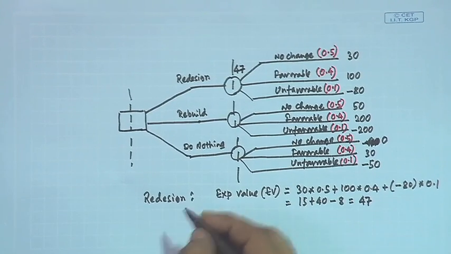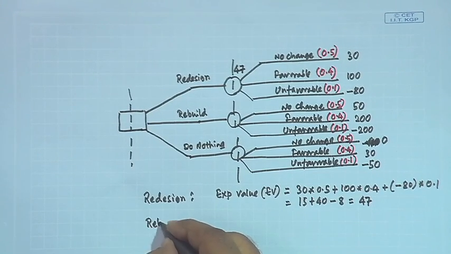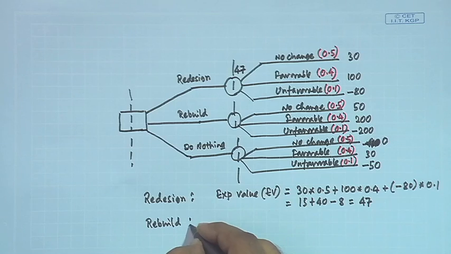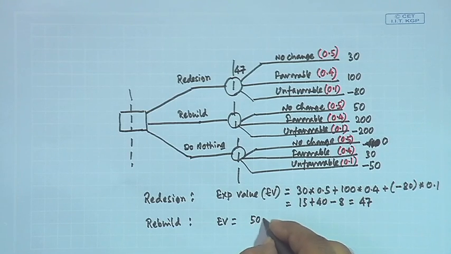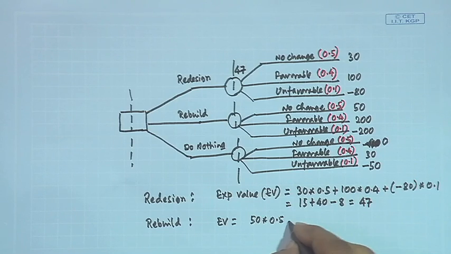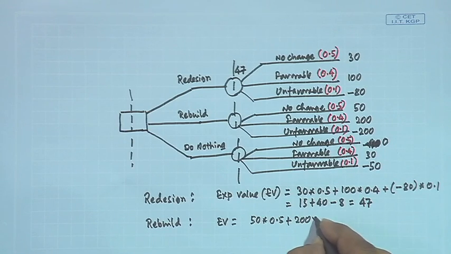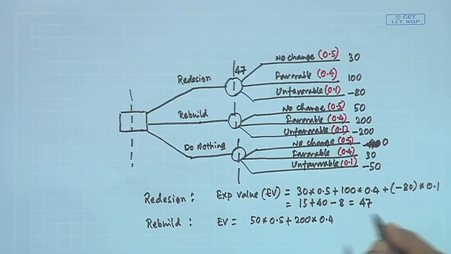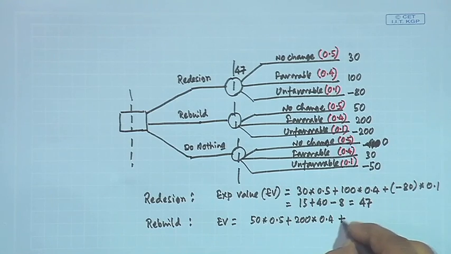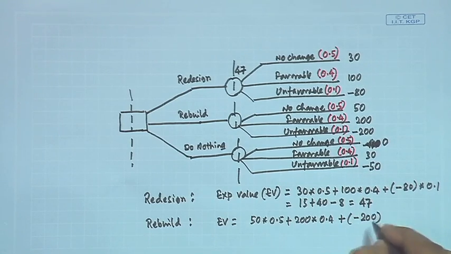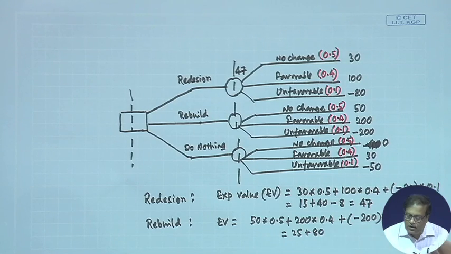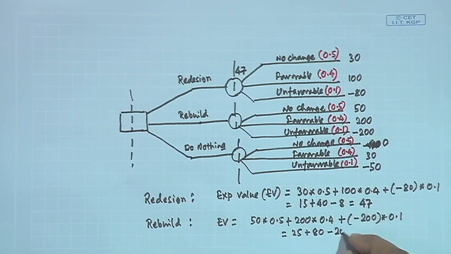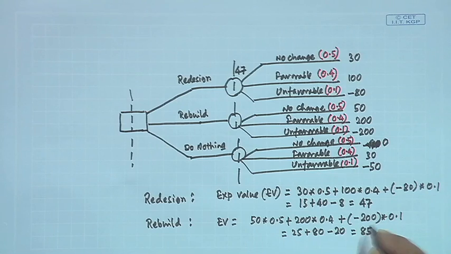So, what is the expected value for rebuild? For the rebuild option, the EV would be 50 into 0.5, 200 into 0.4 plus minus 200 into 0.1, again 25 plus 80 minus 20, this will become 85.